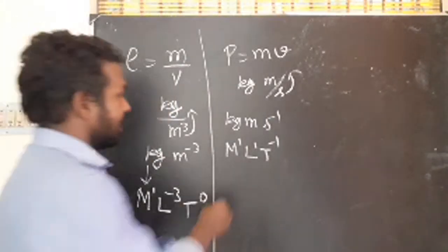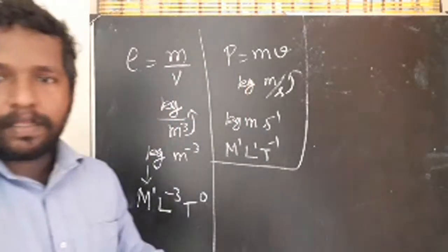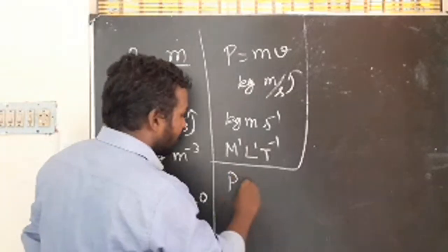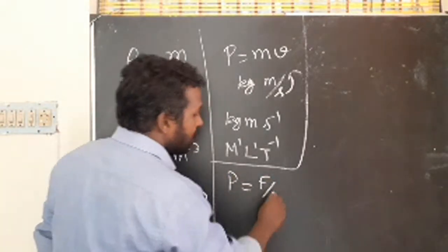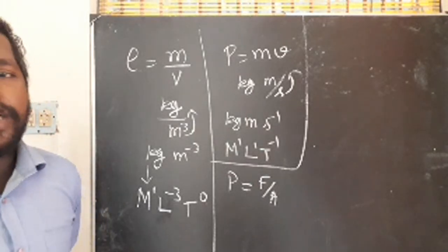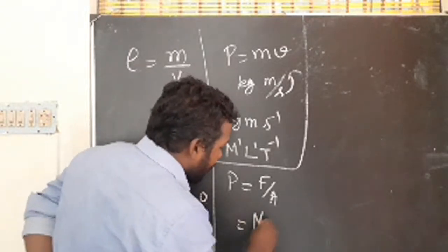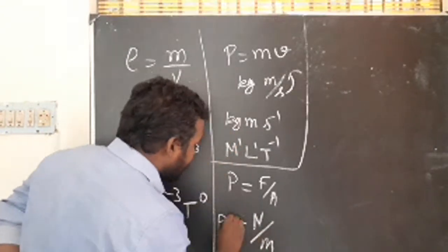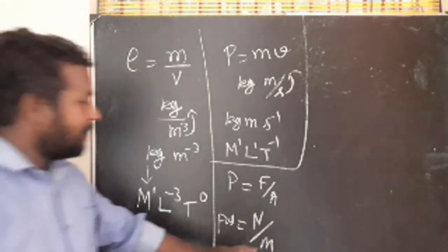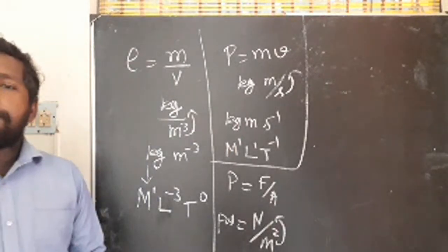Next is pressure. Pressure is equal to force per unit area. What is force? Force unit is going to be the Newton, area unit is going to be meter square, which we already know. It's going to be Newton by meter square, or equal to pascals also we can take, because pressure unit is pascals. If you take meter square as the numerator, we'll have meter minus 2.